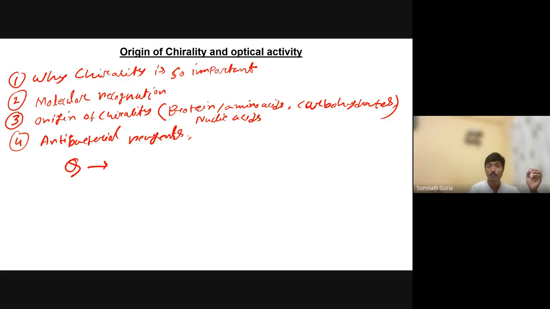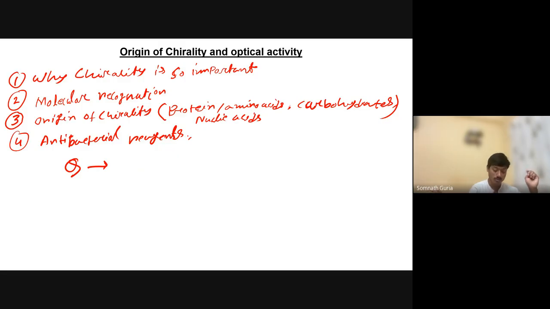There are some theories that say this chirality comes from out of this world. How did people discover that this chirality was found from outside of this world?